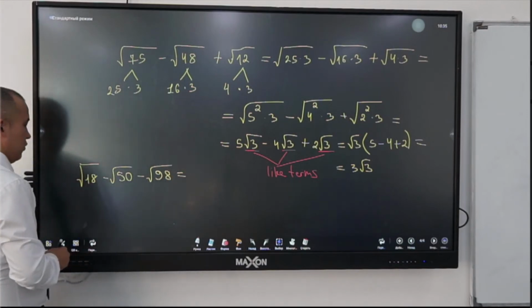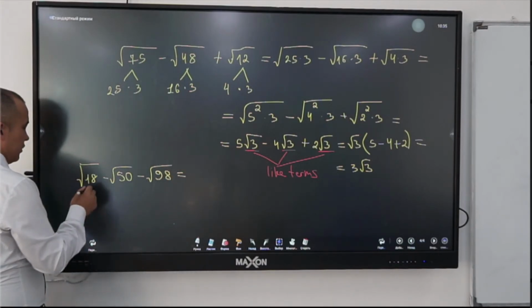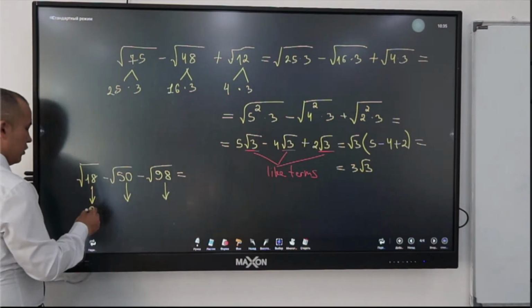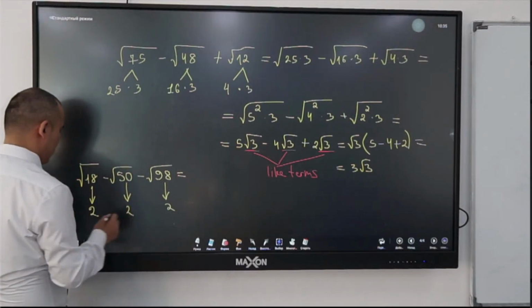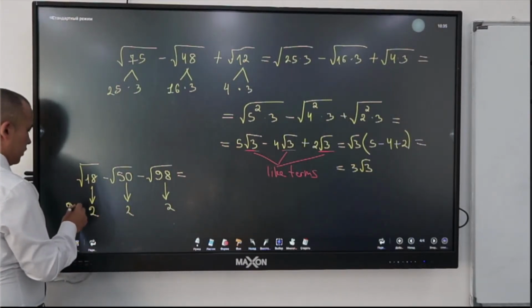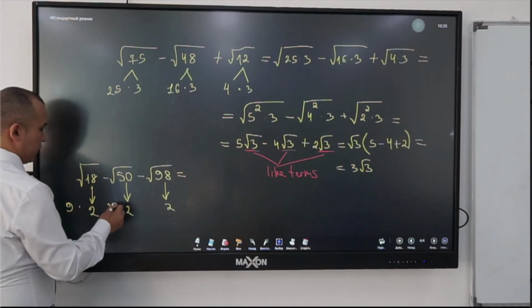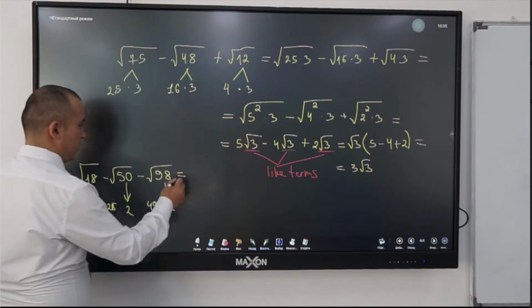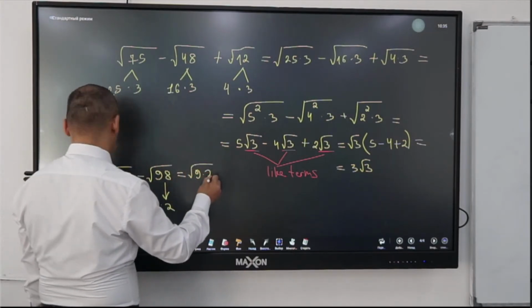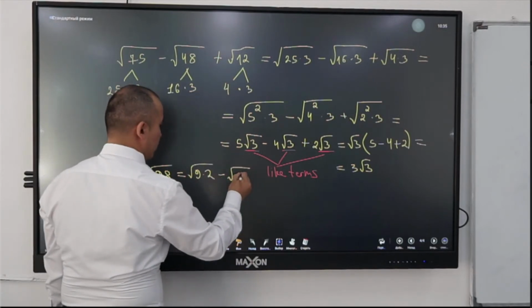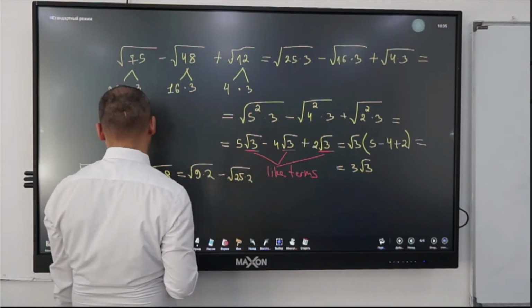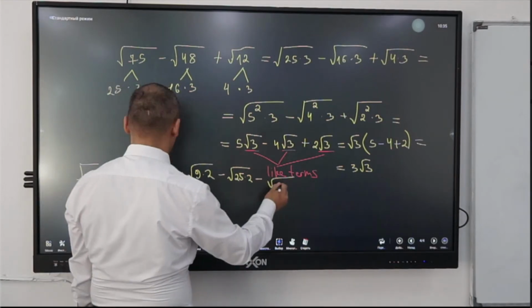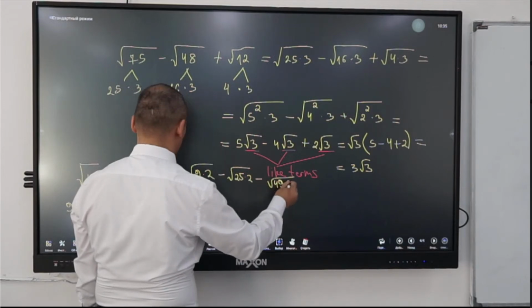Okay, we can see that the numbers under the radical we can divide by 2. So we can write 9 times 2, 25 times 2, and 49 times 2.